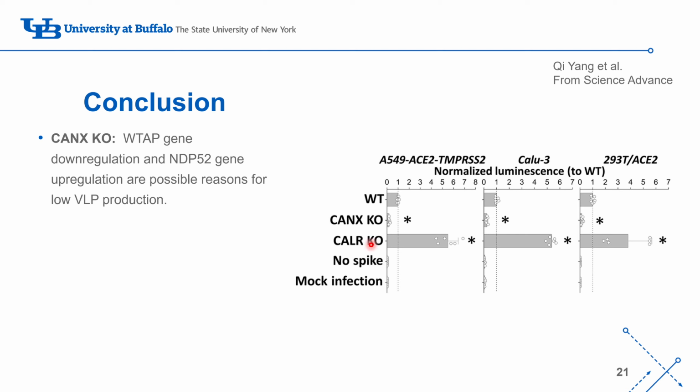And another thing, for which we don't have any evidence, is that since the production of VLP is high in the calreticulin knockout, it might not be interacting with calreticulin directly, or this VLP does not need the help of calreticulin in order to form its native structure.